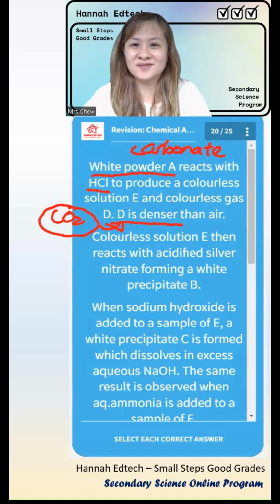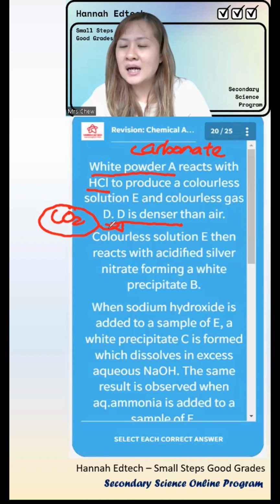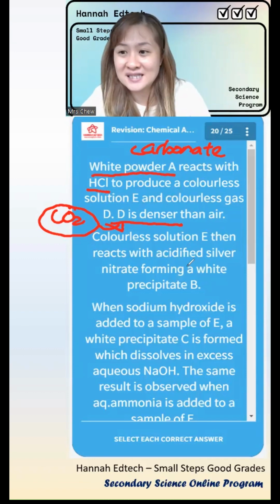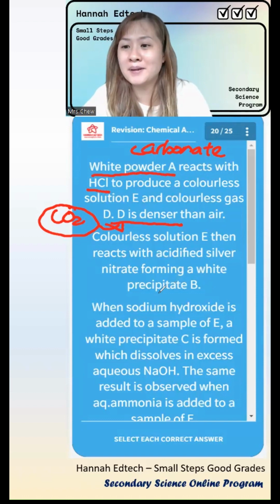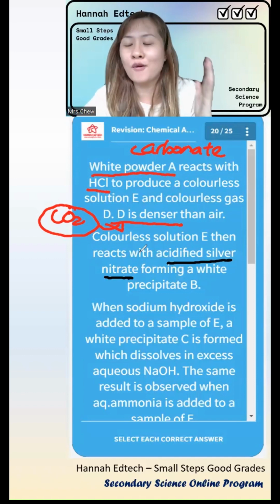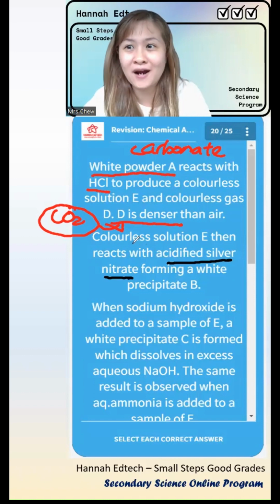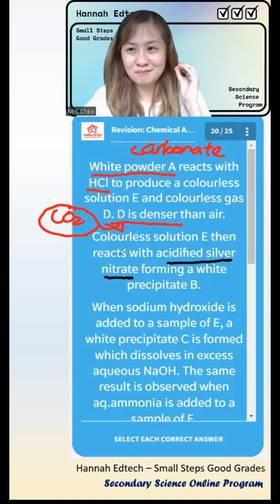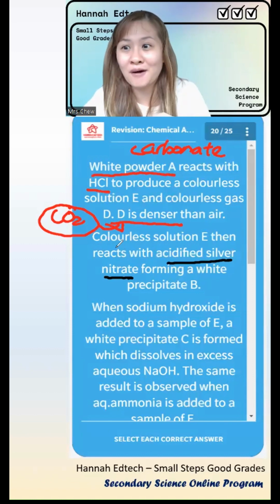Let's move on. Colorless solution E then reacts with acidified silver nitrate, forming a white precipitate B. Whenever you see silver nitrate, it is a test for chloride ions, as all chlorides are soluble except silver chloride and lead chloride. So when we want to test for chloride ions, we will want to produce a precipitate, an insoluble chloride.